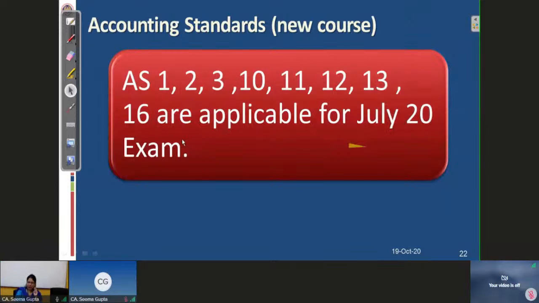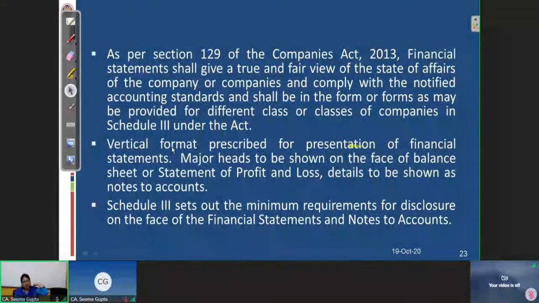Under the new course, AS 1, AS 2, AS 10, AS 11, 12, 13 and 16, there are 8 accounting standards which are applicable for the November examination. So you have to see that you are able to cope with the majority of the amendments.